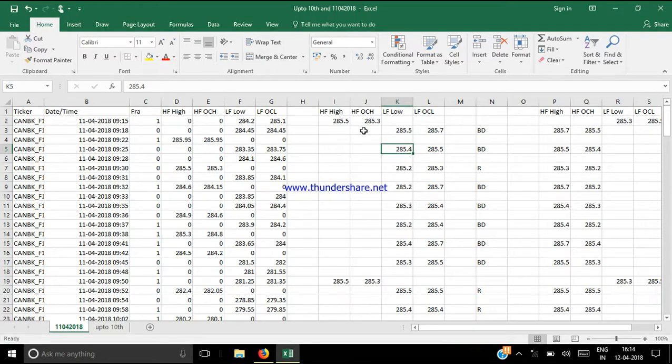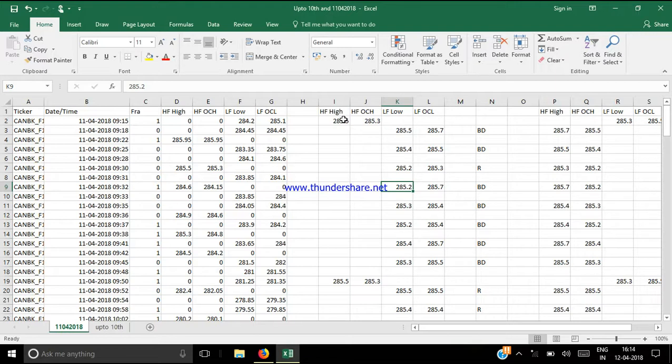Here 285.4, it is between these two, but this is equal to this. In such a case, again both should disappear. 258.2, it is less than this. 285.3, it is equal to this. In such a case, both should remain.